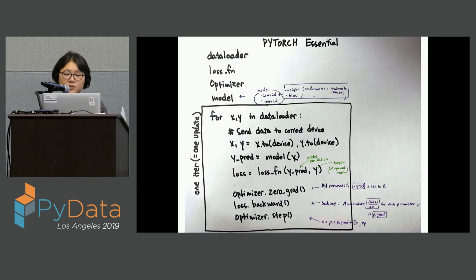And then it puts the gradient of your loss with respect to each parameter into the parameter's grad attribute. And then when you do optimizer.step, that's when you actually use the learning rate and some other optimizer-specific operations to update your parameter value. So here, p is a parameter of your model, and it uses the gradient that's been accumulated from your backprop and the learning rate to update its value.